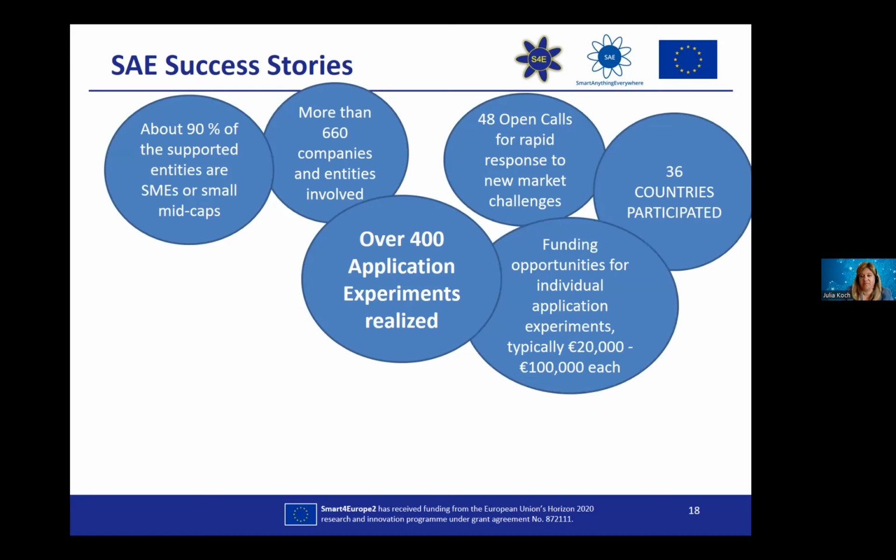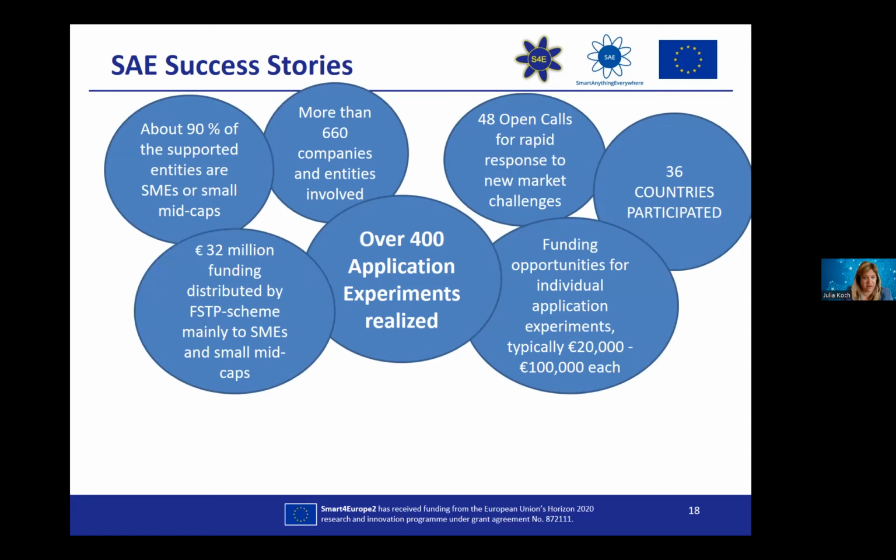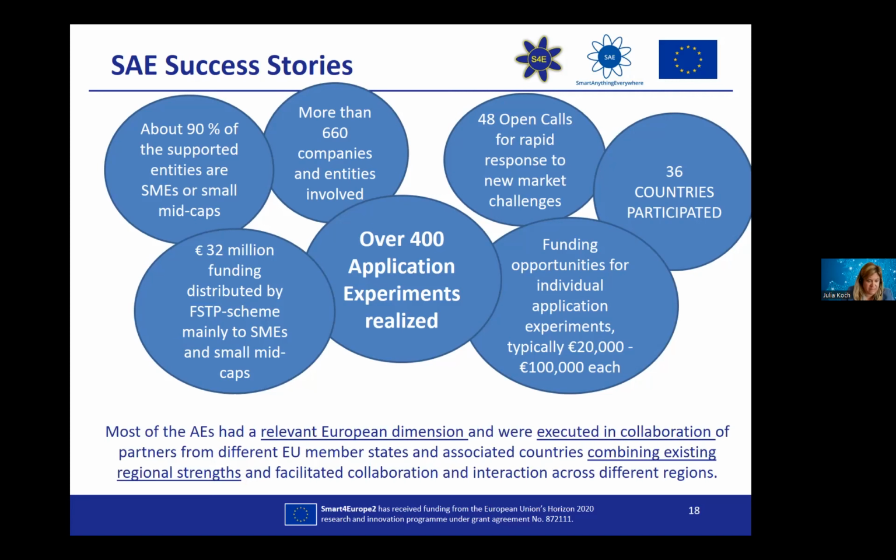We had the funding opportunities. They typically range between 20,000 and 100,000 each, per application experiment, and 32 million of funding were distributed by that financial support to third parties stream, mainly to the SMEs and mid-caps.